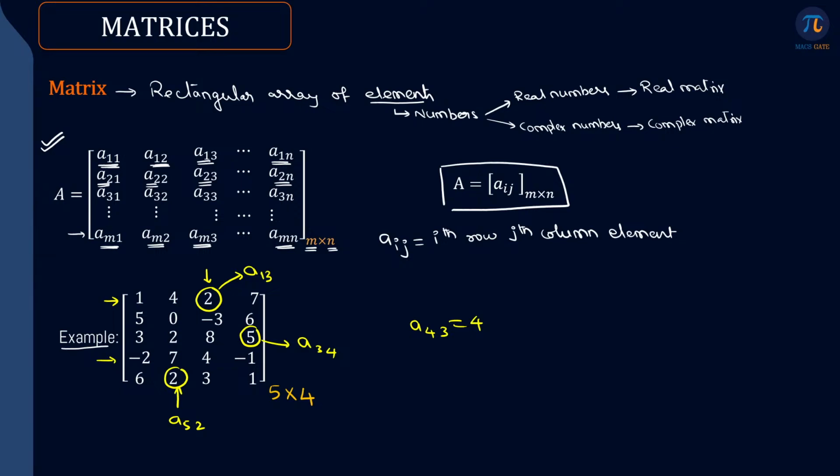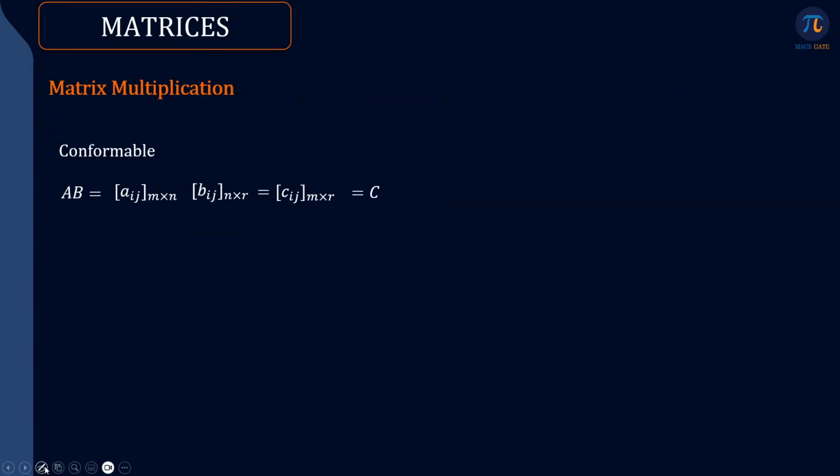So this is about the matrix. A matrix is a rectangular array of elements. If the elements are real numbers, we call it a real matrix. If the elements are complex numbers, we call it a complex matrix. Now we try to understand one very important operation of matrices, that is matrix multiplication. Suppose you have an m by n matrix and another n by r matrix.